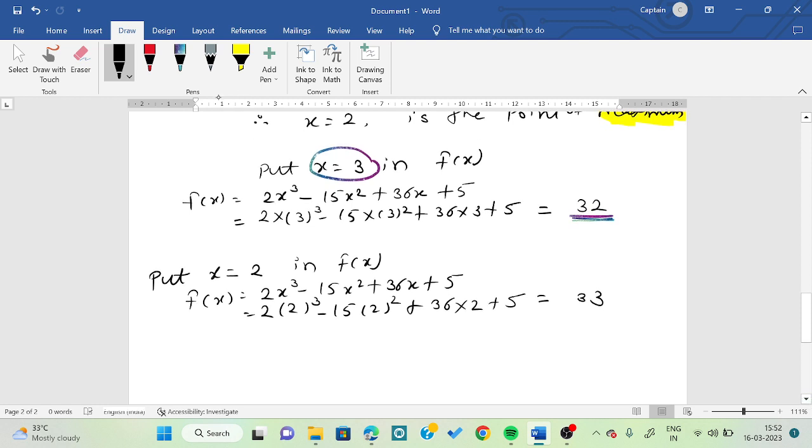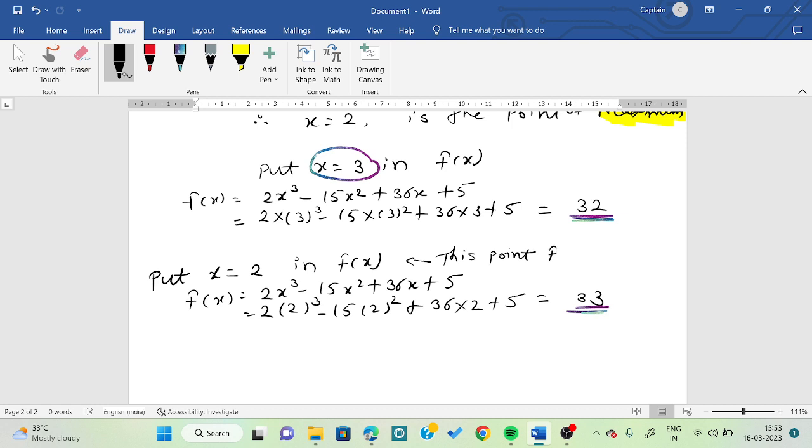Now you will get the point. When I put x is equal to 3, I get the value 32, and when I put x is equal to 2, I get the value of 33. So by default, for this point the function is maximum.